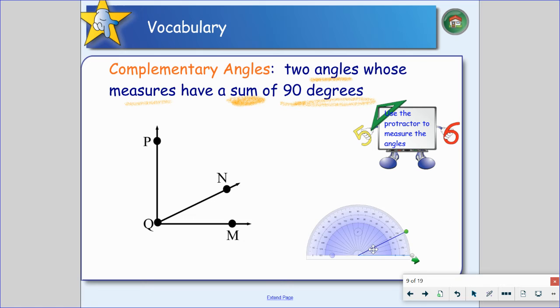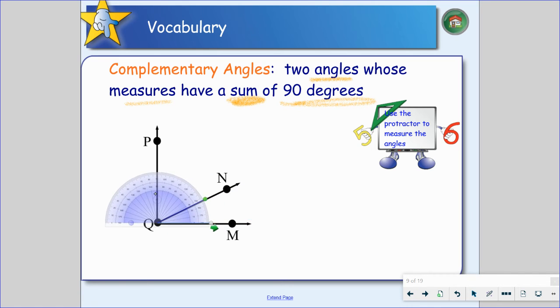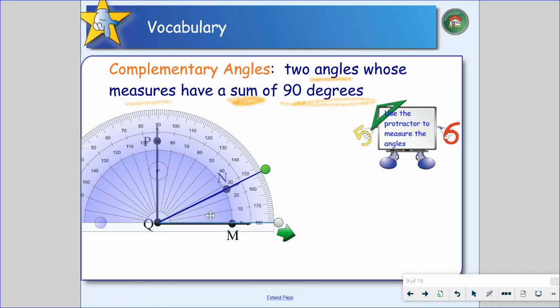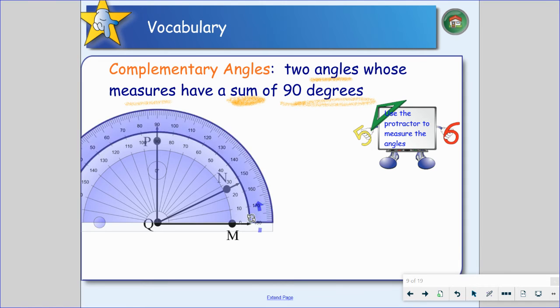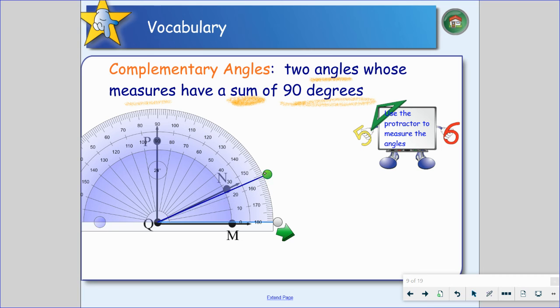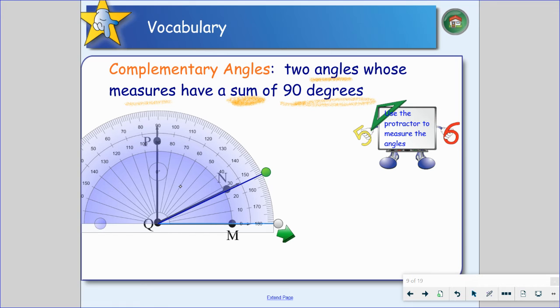Now, if I wanted to, I could put this up here, take a little protractor, and if I could put this right here, notice that angle MQN, I don't know if you could see that in the little box, looks to be about 26 degrees, which then means 26 plus what would be 90.